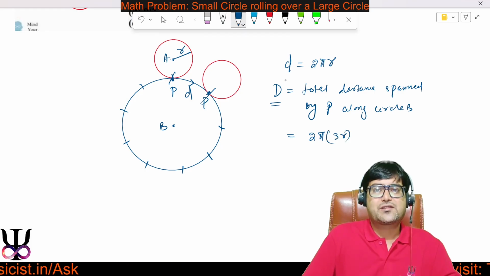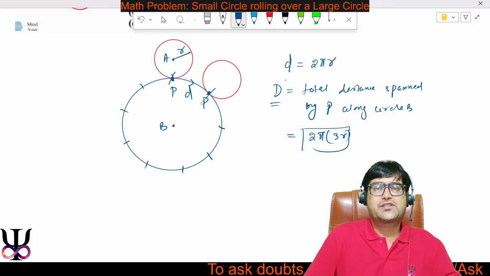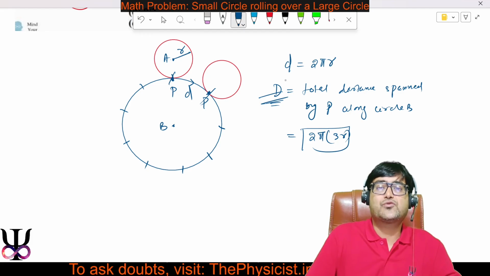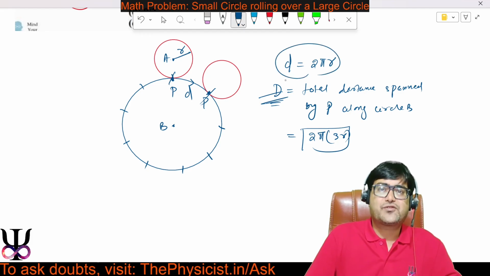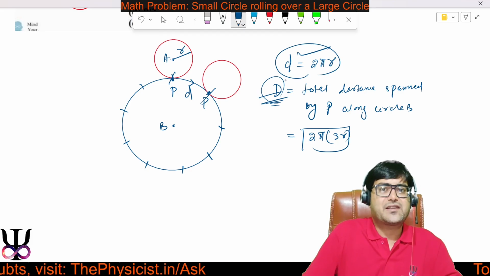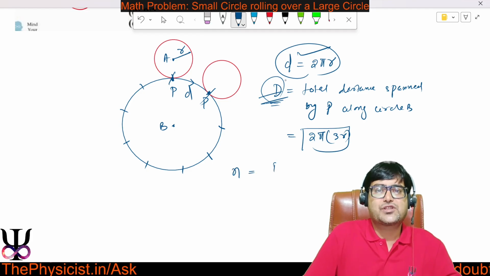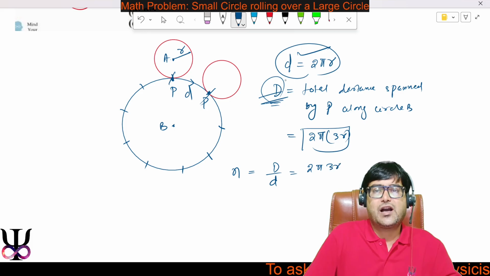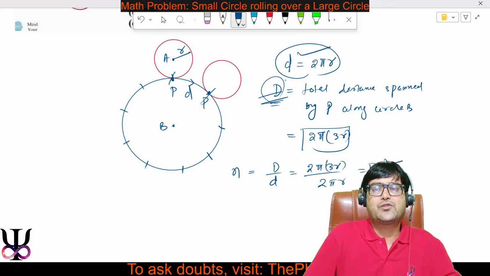So when point P covers a total distance D, how many revolutions will it do? It's the number of small d's that lie inside capital D. So the number of revolutions is capital D by small d, which is 2 pi 3r by 2 pi r, which is 3. And you think that's the answer?